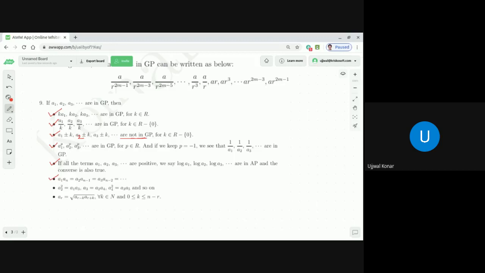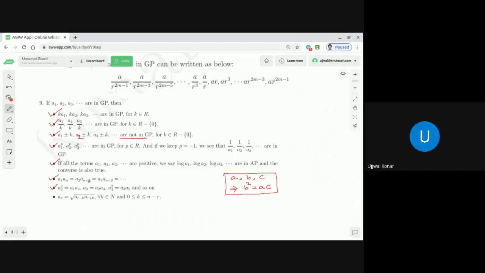As we already know, if three numbers A, B and C are in geometric progression, what can we say from here? We can say that the middle term B square is equal to A into C, correct or not? That we all know. So that's what we have written here in the generic formula. A2 square should be A1 into A3, that is, for the left and right terms, that particular term square is equal to the product of the immediate left term and the immediate right term.